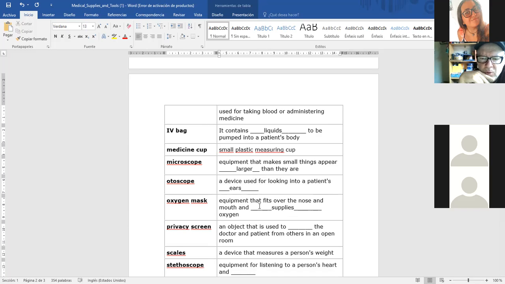Cristobal, what about privacy screen? Cristobal Medina. Privacy screen. Pero, profe. An object that is used to... ¿Para qué se ocupa el biombo, la mampara, the privacy screen? An object that is used to the doctor from patients and from other people.